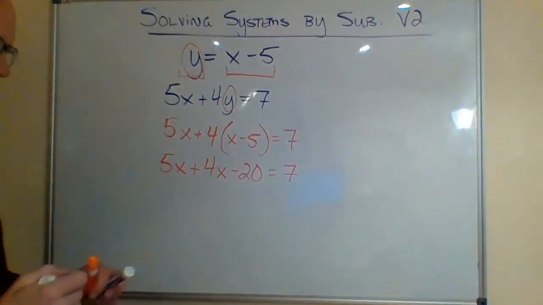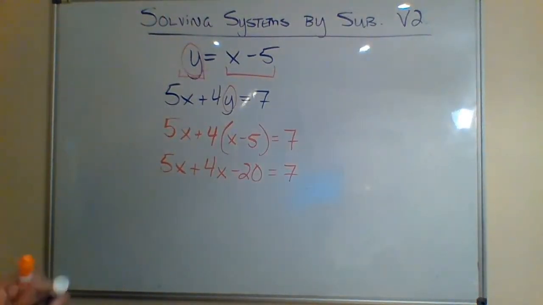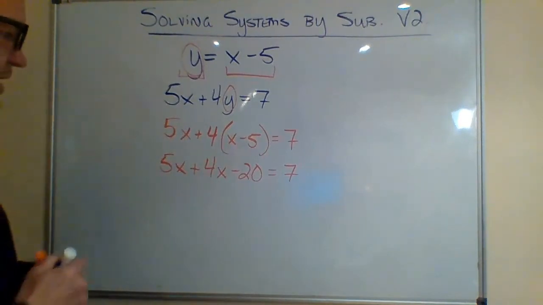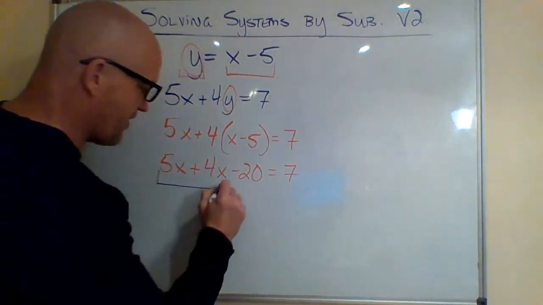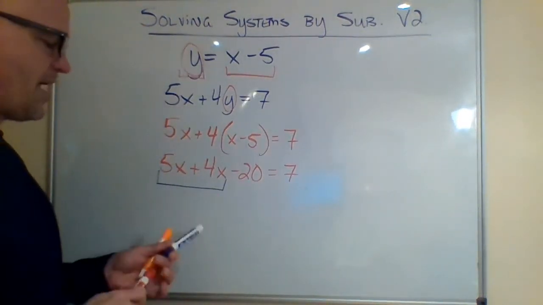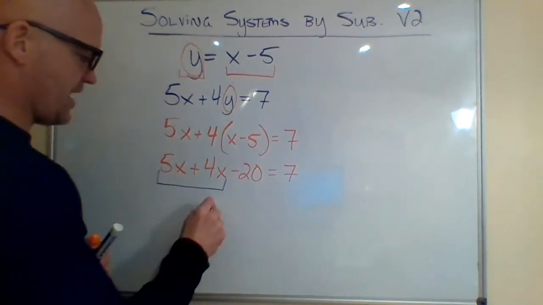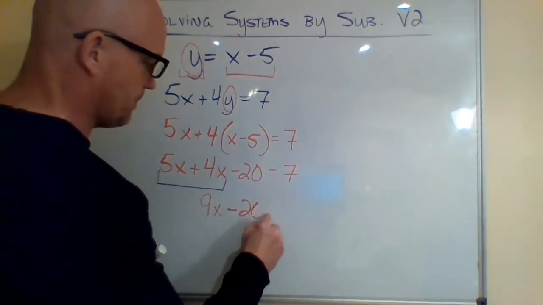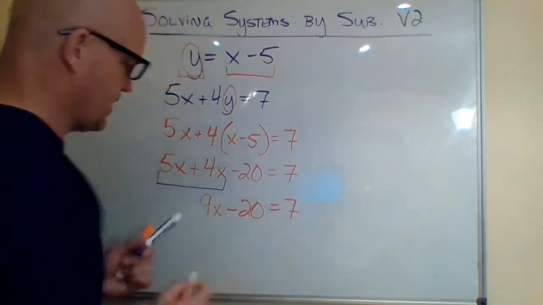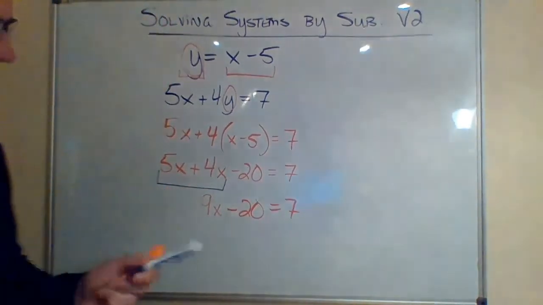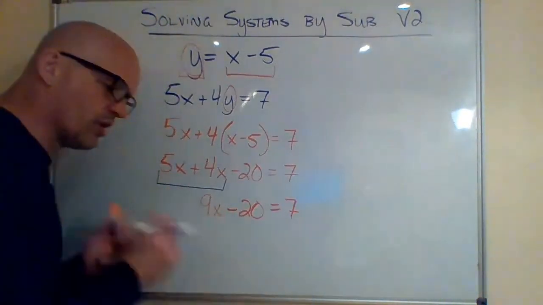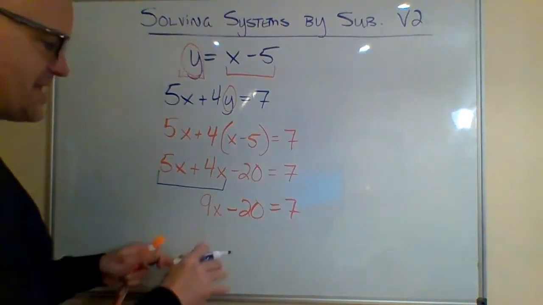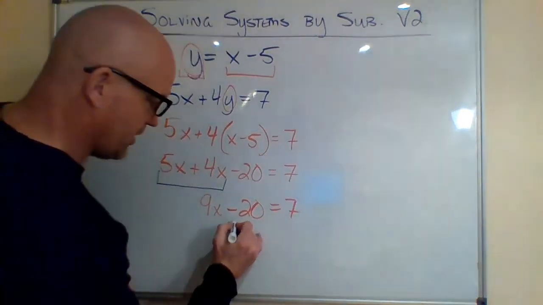So now we can go ahead and solve that. Since we have multiple x's on that left-hand side, we're going to gather up some like terms. This 5x and that 4x are going to combine up. That's going to give me 9x minus 20 equals 7. That's a two-step equation. Should be simple enough. Again, running a little low in room, so I'm not going to show my steps, or else I'm going to put them in here really small.